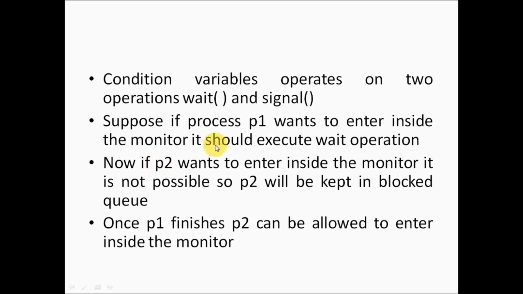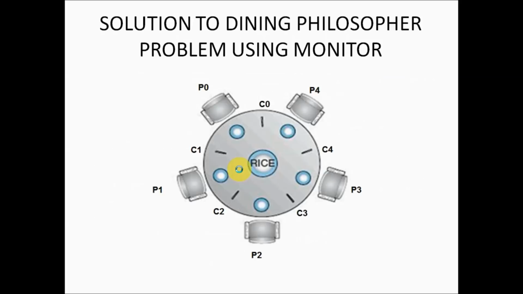Now once P1 has entered using a wait operation, P2 can't enter inside the monitor. It is not possible for P2. That's why P2 will be kept in a blocked queue. It's very important. When P1 is working inside the monitor using a wait operation, P2 will be kept in the blocked queue.